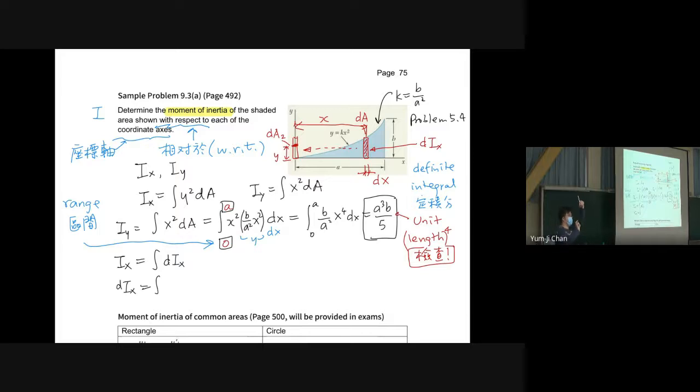Now we have y squared dA2, which is equal to y squared dx dy. The height of this slice is dy, and the width of this slice is dx. So this is dA2 here.